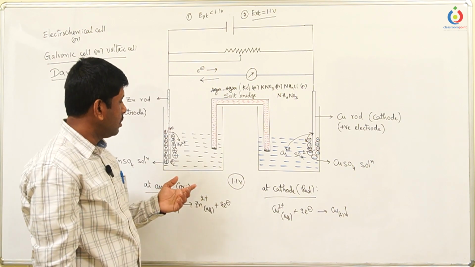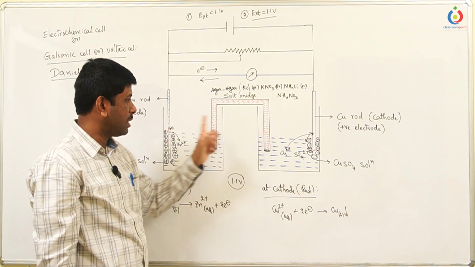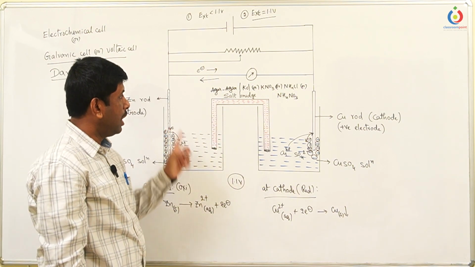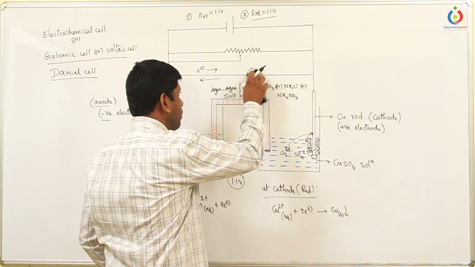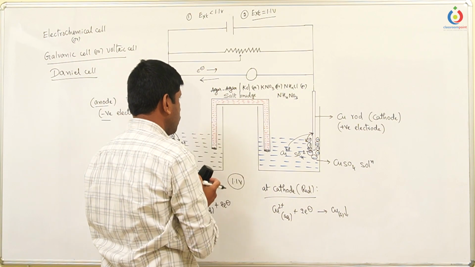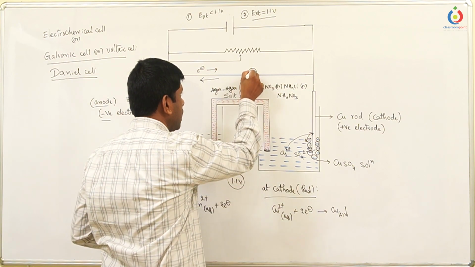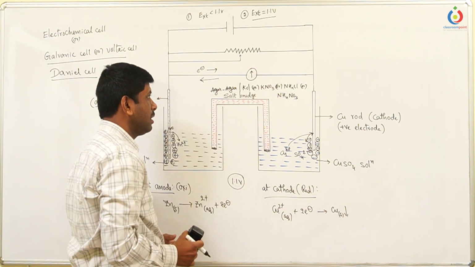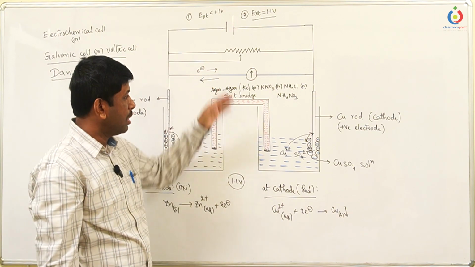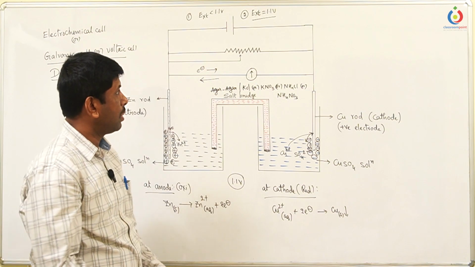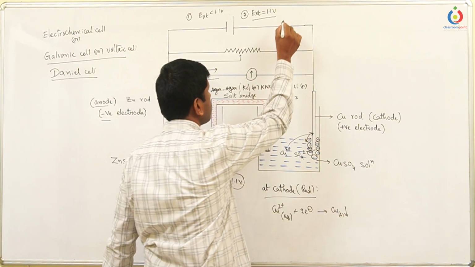That is the reason why no reactions happen at either electrode, and no flow of electrons is observed, and this ammeter or voltmeter, whatever we have taken, shows its pointer exactly upward. That means no movement of electrons is observed because both have the same potential, the same voltage.